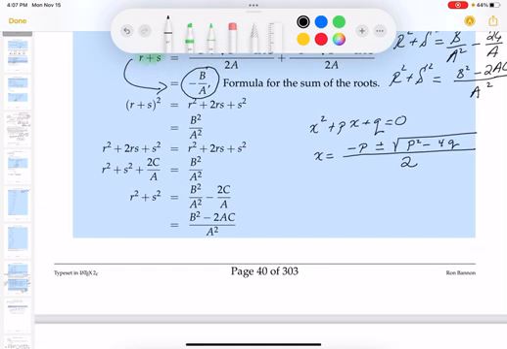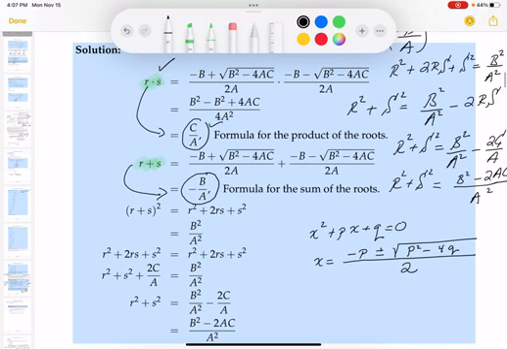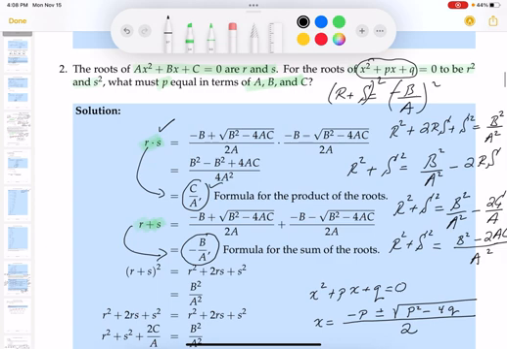All right. So let's see if we can write this down. I got to go back and read the question again. So find the roots, for the roots of this thing to be r squared and s squared, what must p equal in terms of a, b, and c?